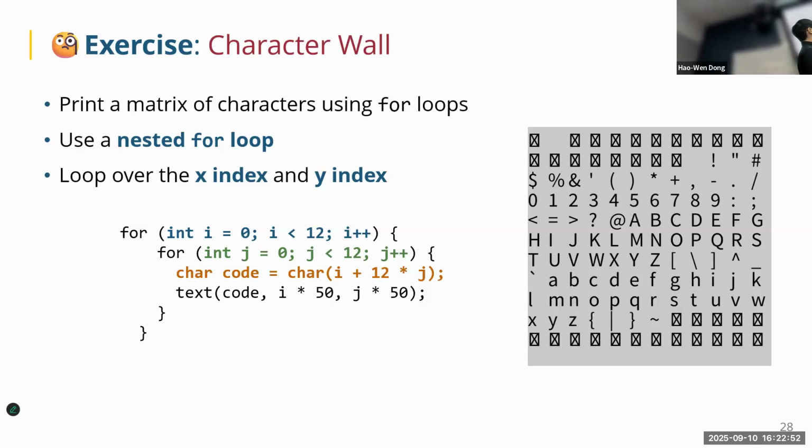And then you show the text where you know exactly which character you are doing, and the xy position you can compute from just timing i and j by 50.